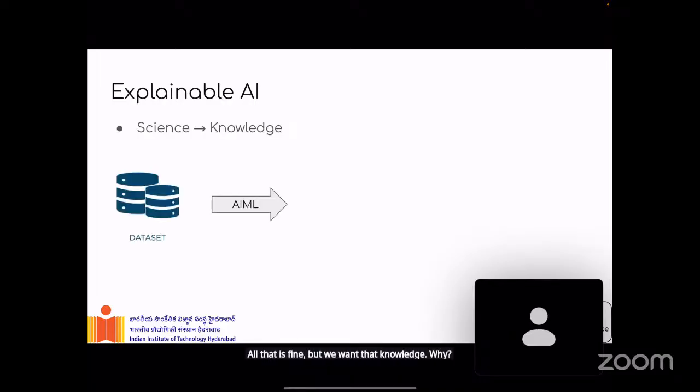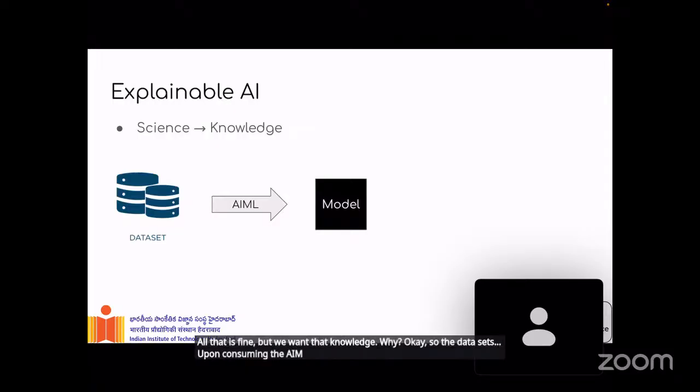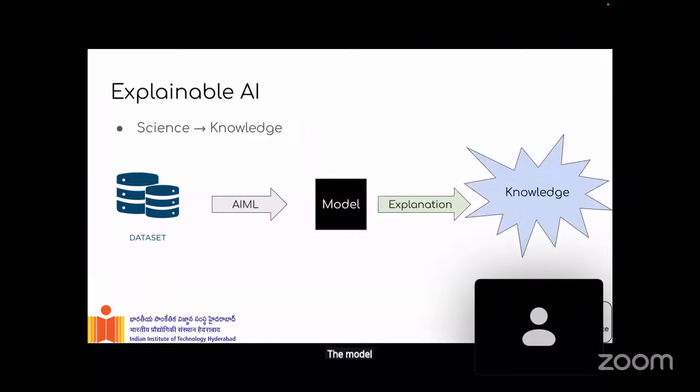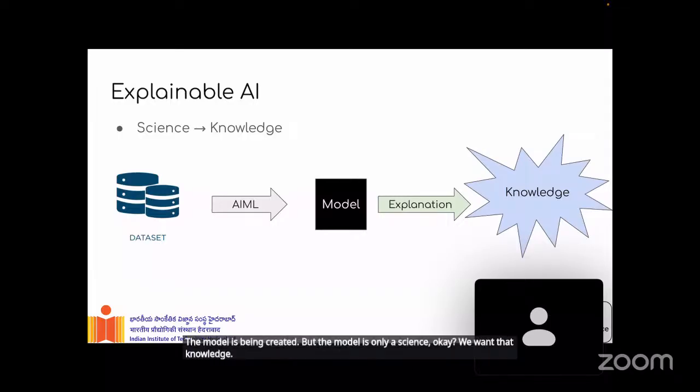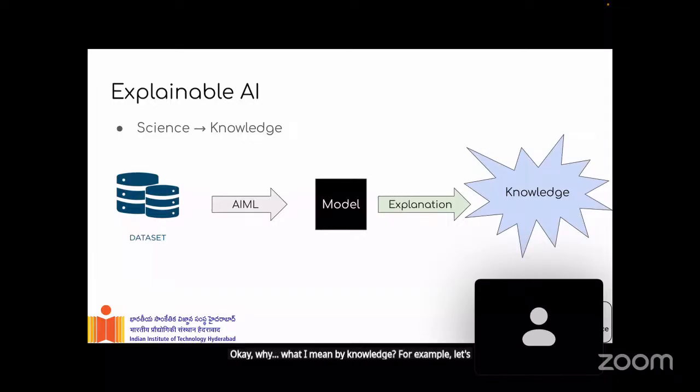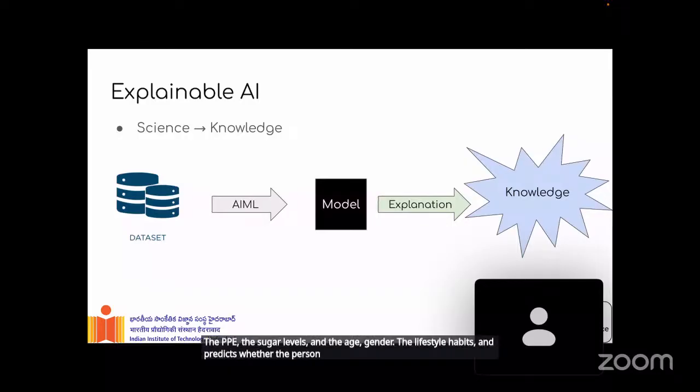Why? Upon looking at a lot of data, the AI/ML model is created, but the model is only science. We want that knowledge. What I mean by knowledge: let's say you designed a simple model that takes in healthcare data, such as blood pressure, sugar levels, age, gender, and lifestyle habits, and predicts whether the person is susceptible to a heart attack in the next 6 months or not.